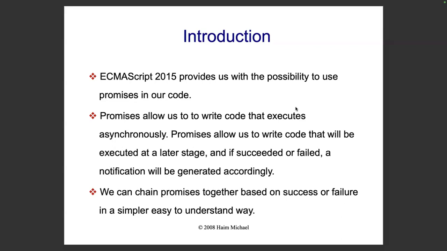So when dealing with asynchronous execution, till ECMAScript 2015, we used to do it using callback functions. Using a promise is a way to make things simple. Using the async and await keywords, we can make things even simpler.